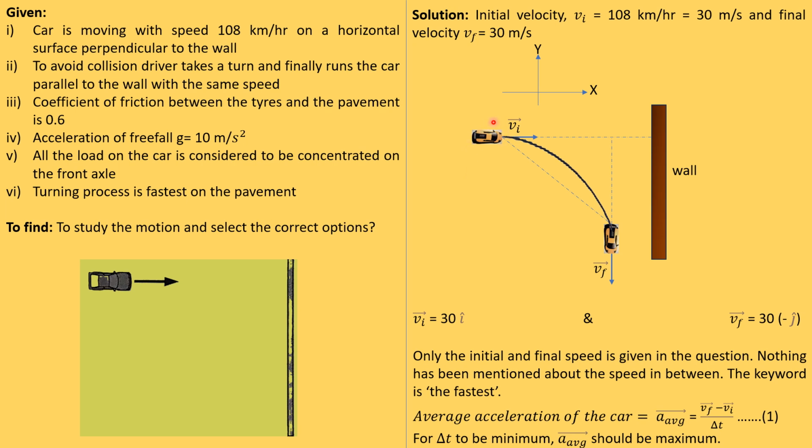This is your car. Speed has been given as 108 km per hour. We should convert it into meter per second, and that will come as 30 meter per second. So initial velocity was 30 meter per second and final velocity also 30 meter per second.